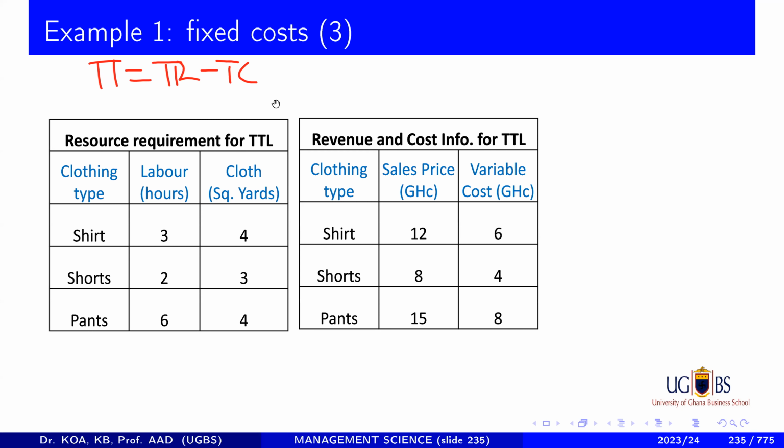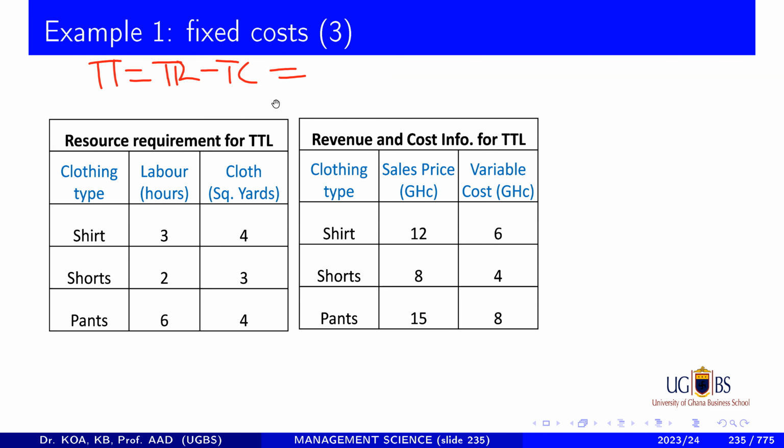You got to follow me. Total revenue is given by something. Who can tell us? The total revenue will be price times quantity. Very good.